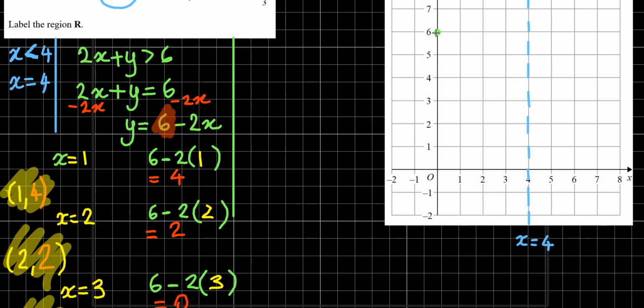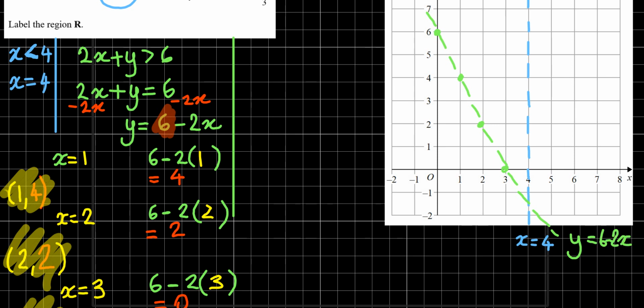We've got 1, 4, 2, 2, and 3, 0. Now that's also going to be a dashed line simply because it's an inequality. And this is y equals 6 minus 2x.